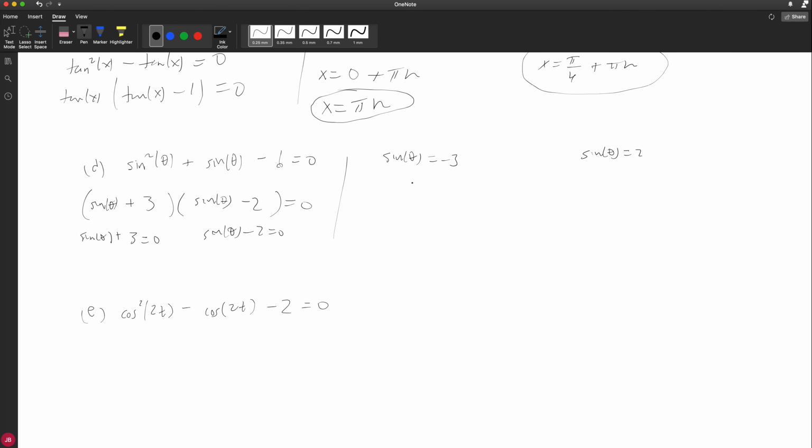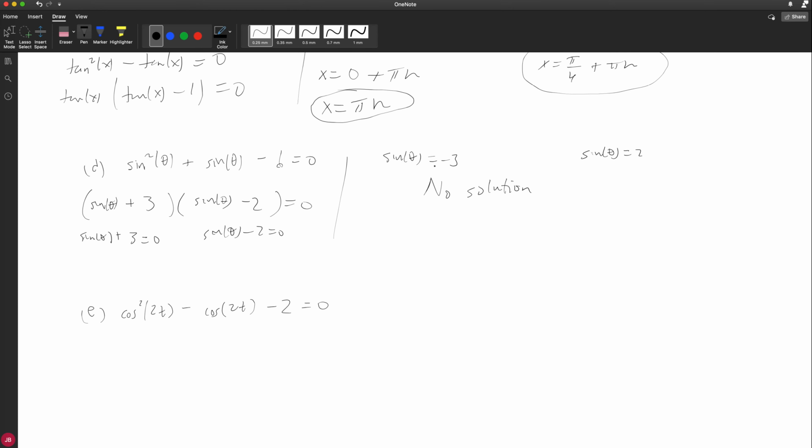Okay, you're going to look down your column of sine values, and you're not going to find any angles for which this is true, nor will you for this one either. So in fact, there are no solutions here. And here's the reason why. Sine only outputs numbers between -1 and 1.